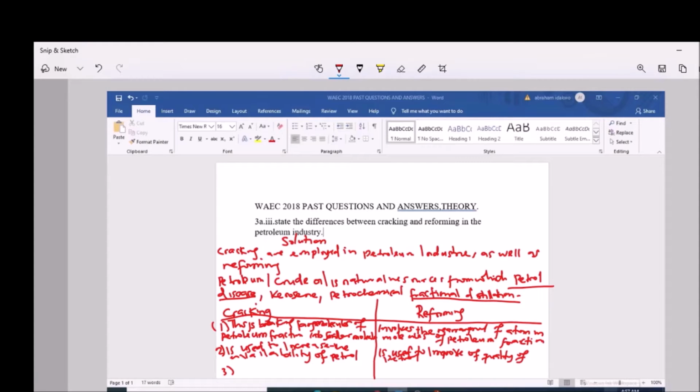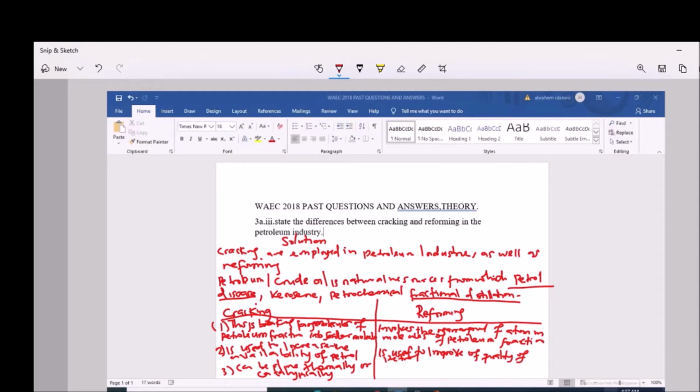And number three, cracking can be done thermally or catalytically. So you can use a catalyst or thermal energy to bring about cracking.